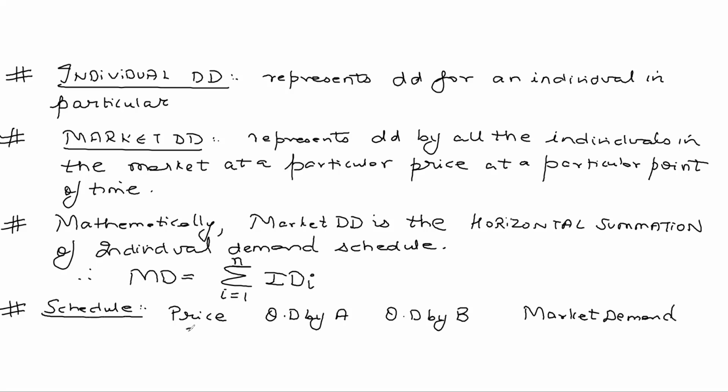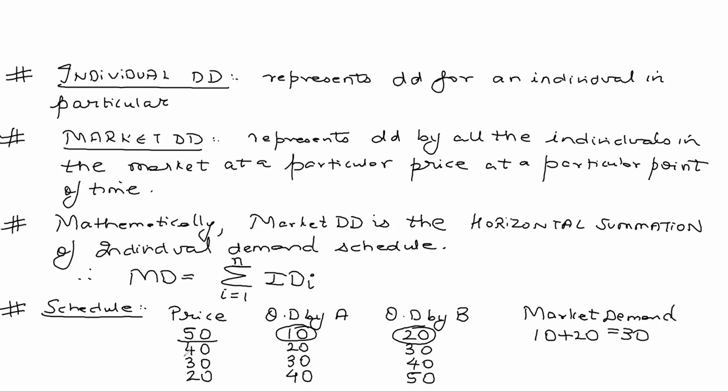So 50, 40, 30, 20. This is the demand hypothetically by individual A. This is the demand hypothetically by individual B. How will I find market demand? At a price of 50, you add up the demand. So 10 plus 20.